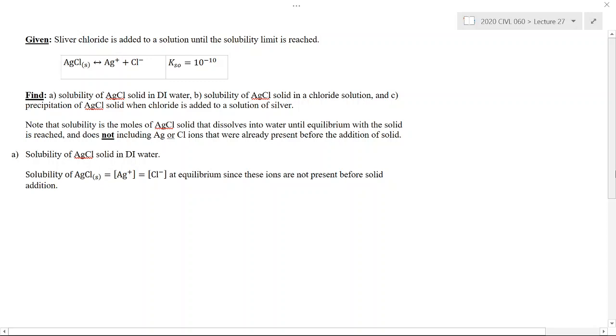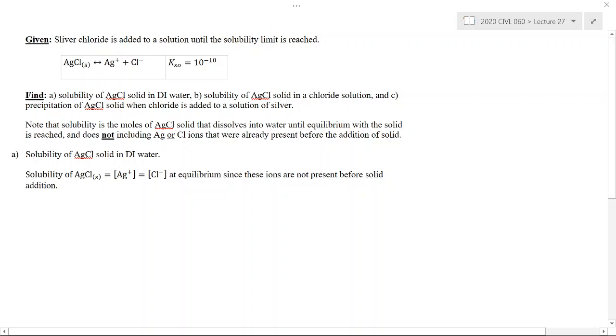First of all, we need to consider what solubility is. So it's the amount of ions that will dissolve into a solution, and this won't include any pre-existing ions, so it's just what gets added to the solution. So we want to solve for silver chloride solubility, and we're going to do that here.